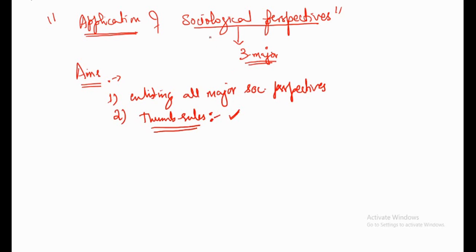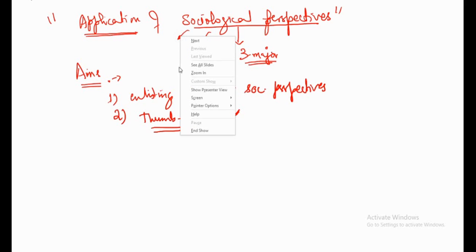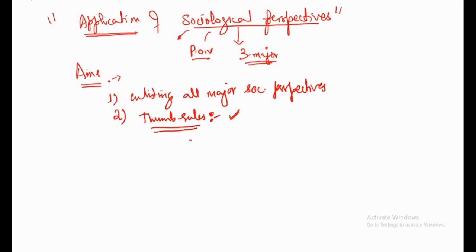That is, sociological perspective means simply the point of view. So I will be giving certain thumb rules so that even if you don't remember what a sociological perspective says, or what its postulates or principles are, even then you can write the answer. These thumb rules will help you.